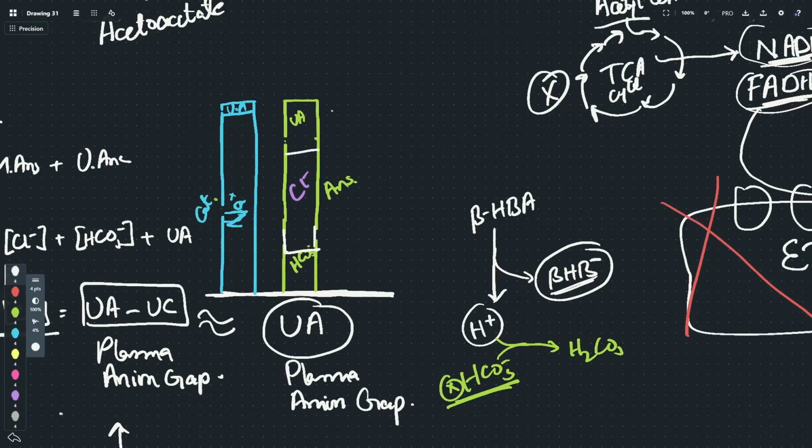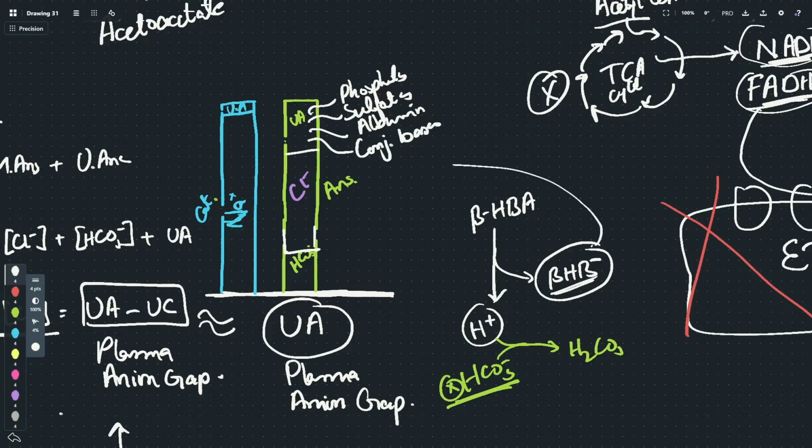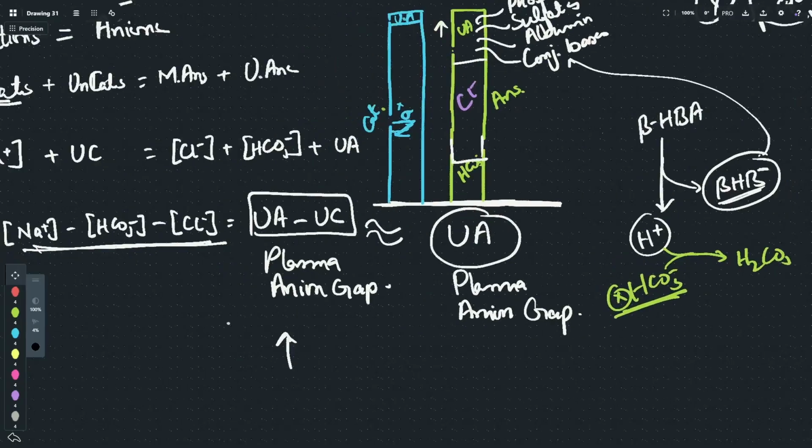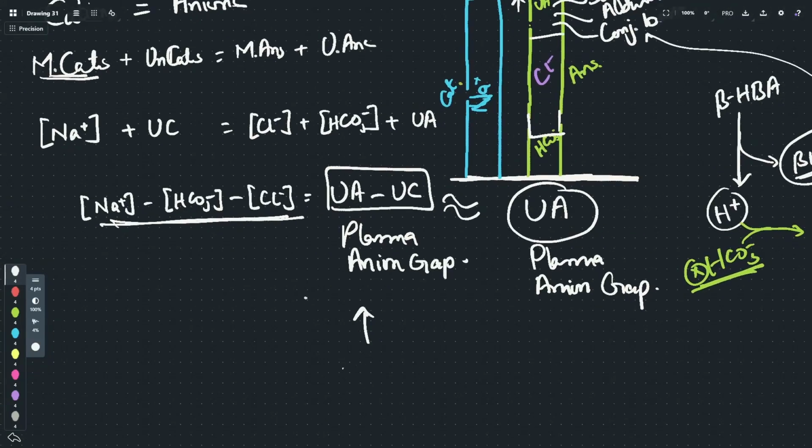So what are these ions, by the way? Normally these are phosphates, sulfates, and albumin, the plasma protein. There are several different anions. I forgot exactly, but the important thing is that it is also harboring the conjugate bases, and if external or even internal conjugate base comes, it can increase this level of unmeasured anion, which will raise the level of plasma anion gap.